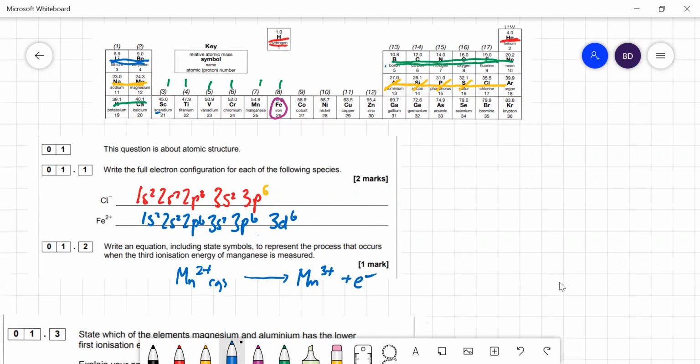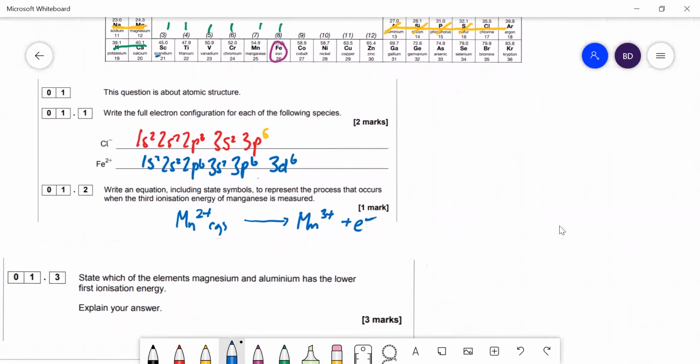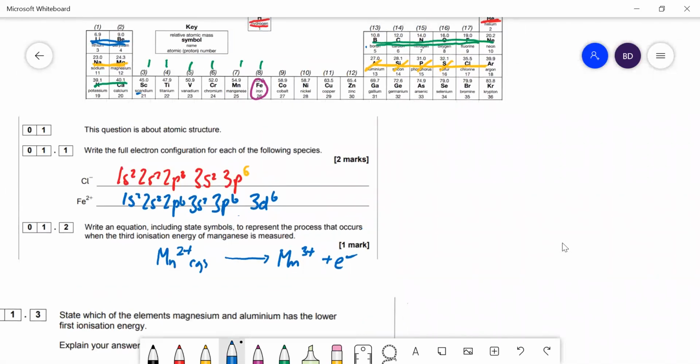Okay, which of the elements, magnesium and aluminium, has the lower first ionization energy? 3 marks for this. Okay, so let's locate those 2 elements. So you can see we've got magnesium there. We see the last electron in magnesium is in the 3s shell, and aluminium here. Now the last electron in aluminium is in the 3p shell.